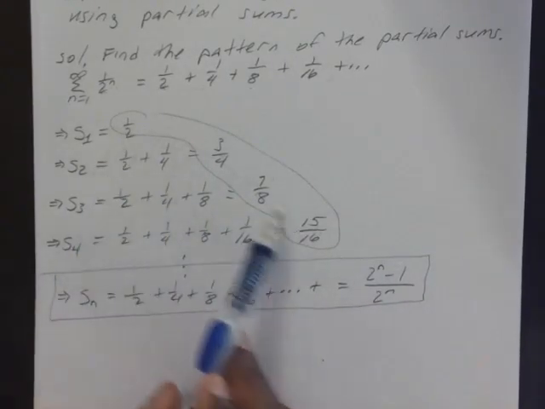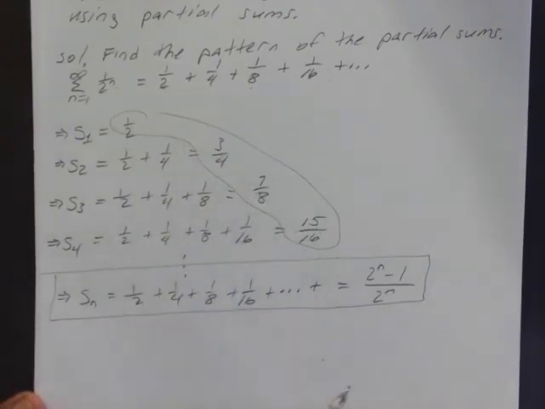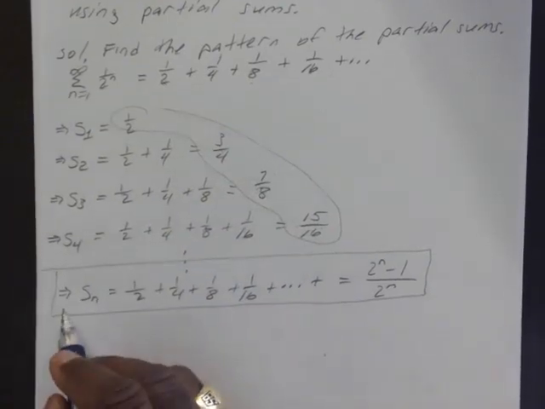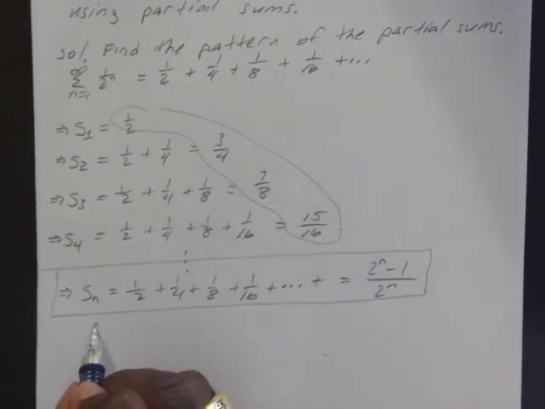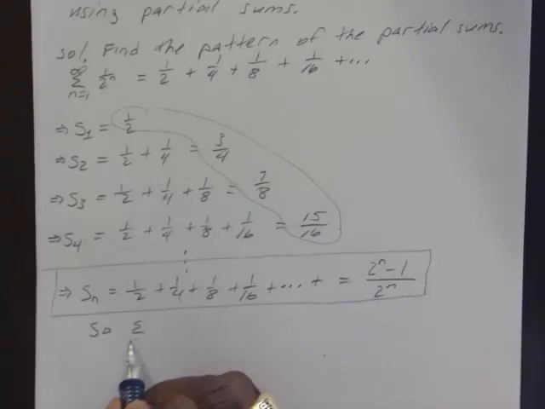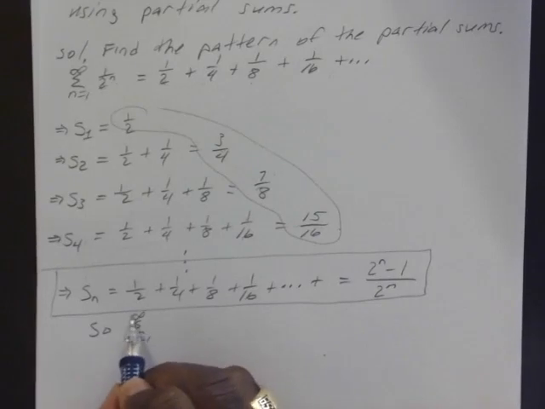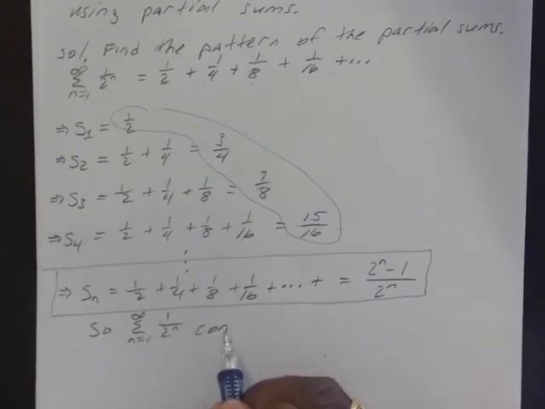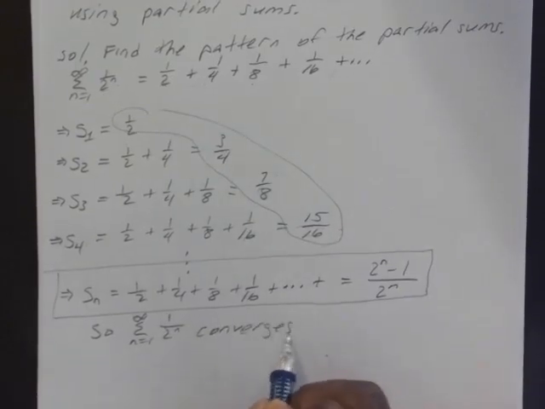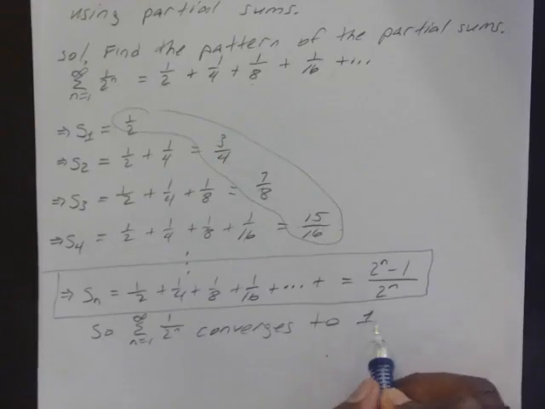To answer it, you just have to look at the pattern of your answers, the fact that this is getting closer to 1. So we know that the sum from n equals 1 to infinity of 1 over 2 to the power of n converges to 1.